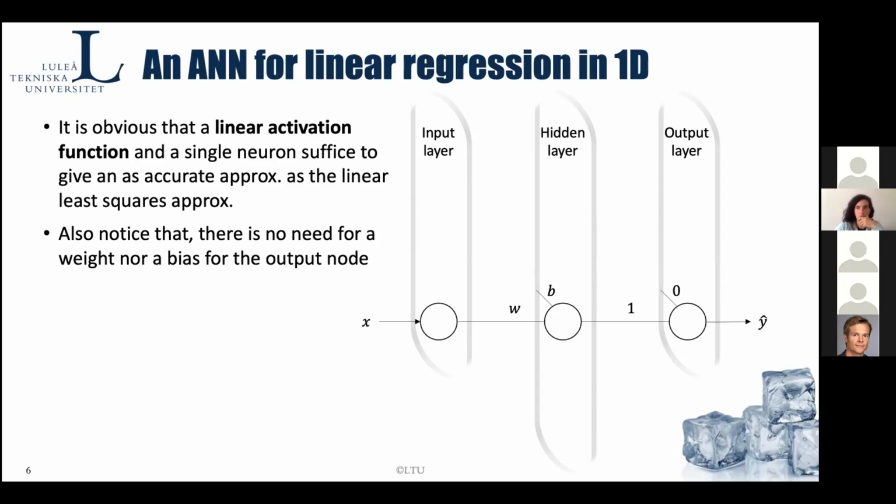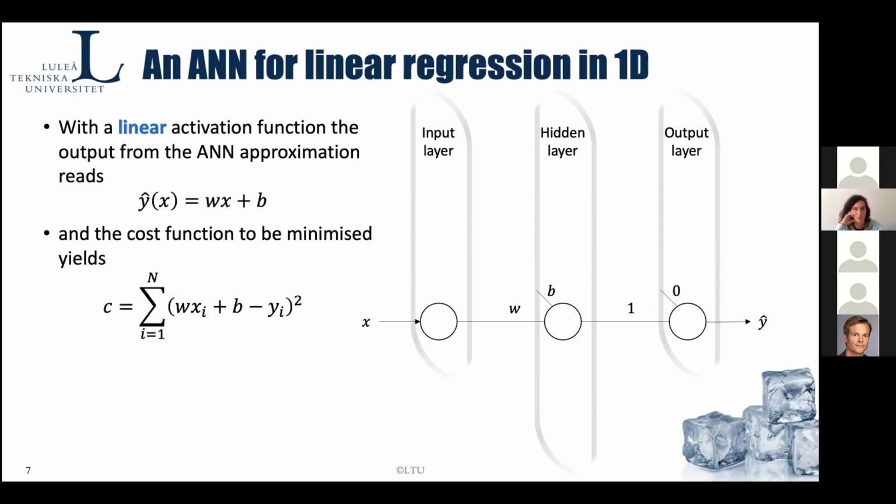And as you see here, we can actually make the output weight a unity, and we don't need an output bias for this.